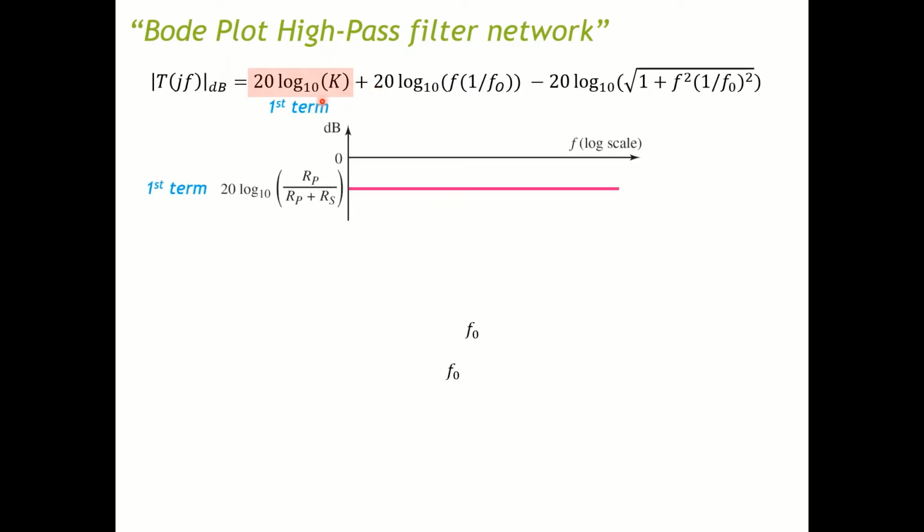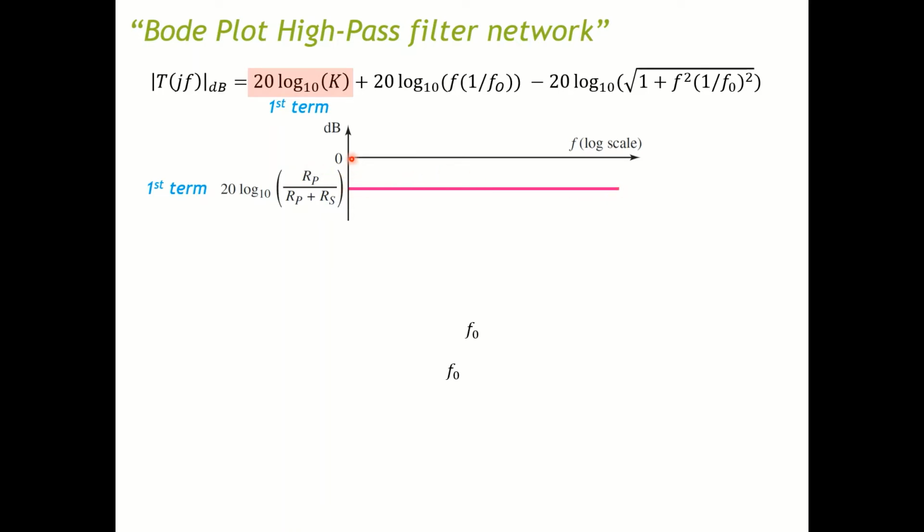So in the first term, you have 20 log10 of k. Okay, k is a constant because our function is not an f dependent or frequency dependent function. So k is a constant. Therefore, the whole magnitude plot would be a flat line.